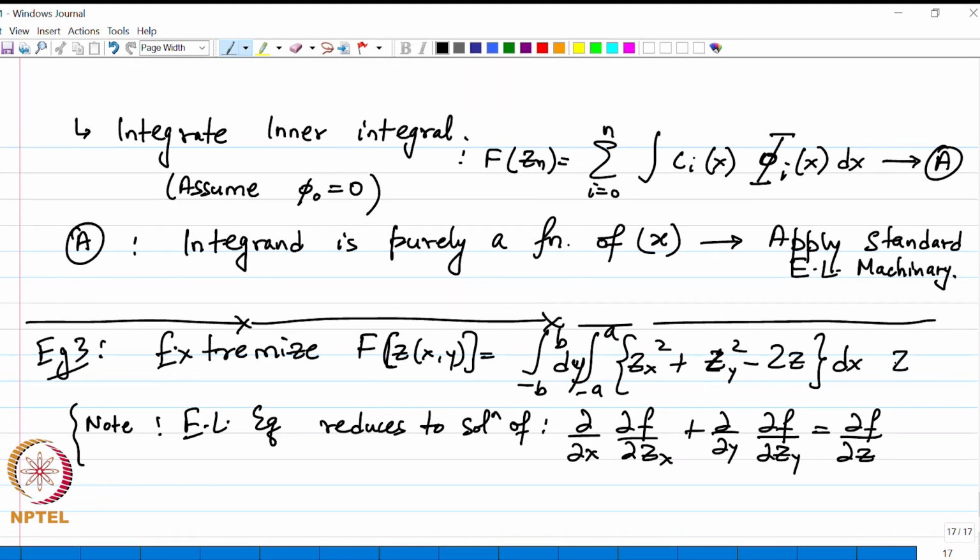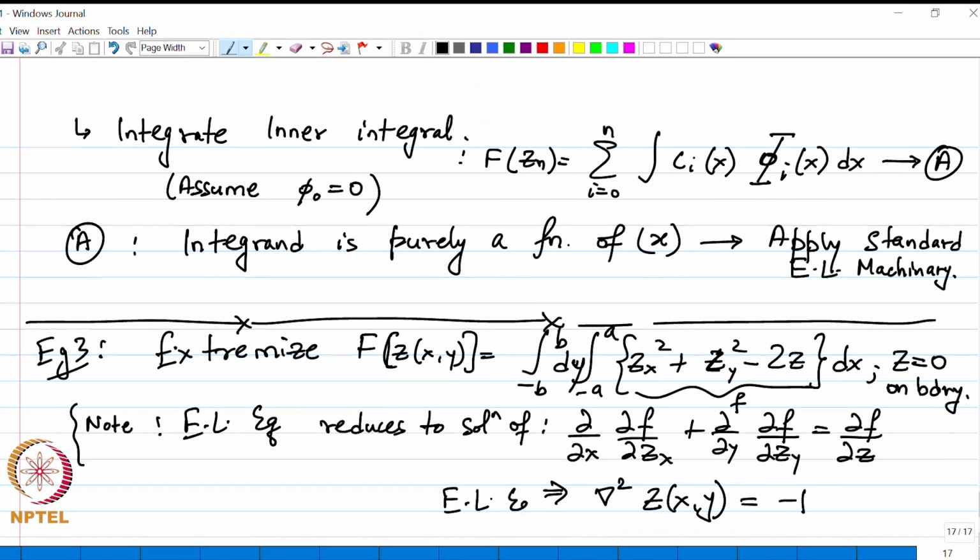We further assume that z is 0 on the boundary of this region. When we plug in the value of f, this is equal to del square z of x, y equal to minus 1. So my Euler-Lagrange equation reduces to the Poisson equation, and all we need to do to find the extremal is to solve this Poisson equation here. Okay.